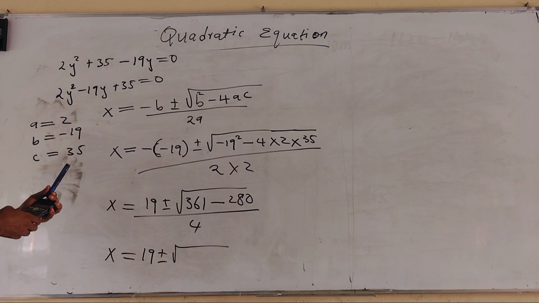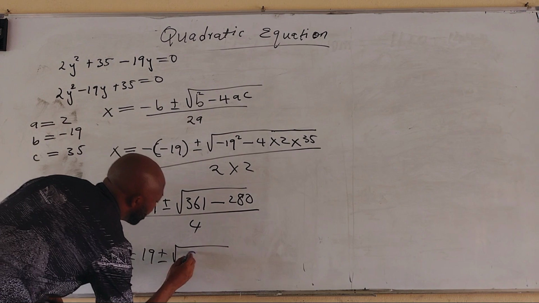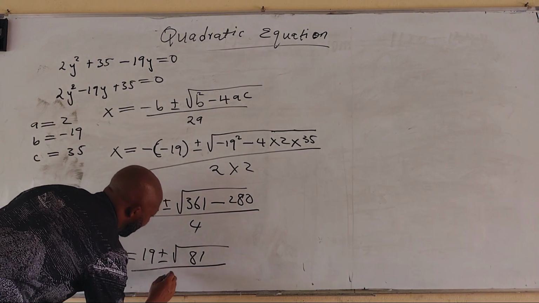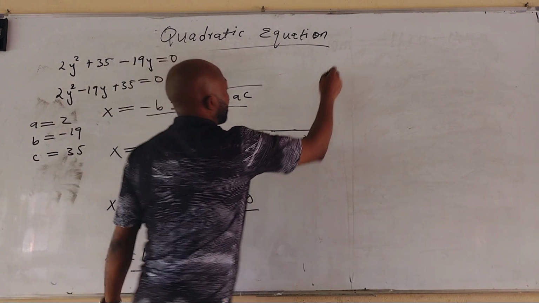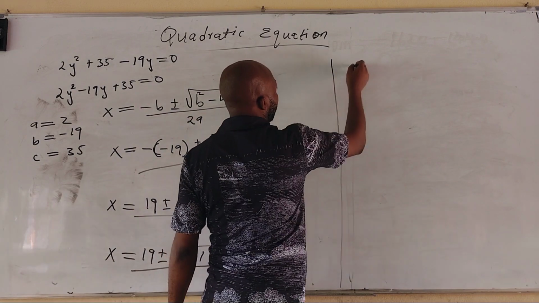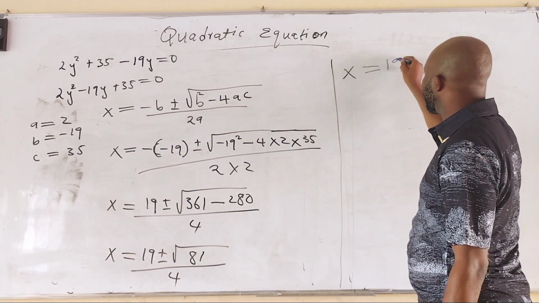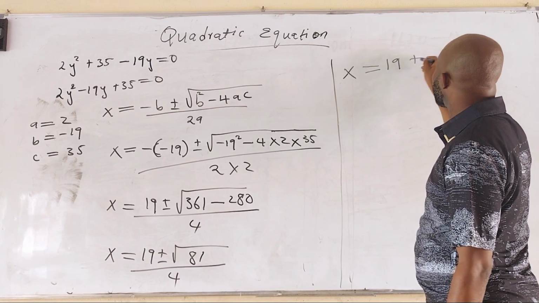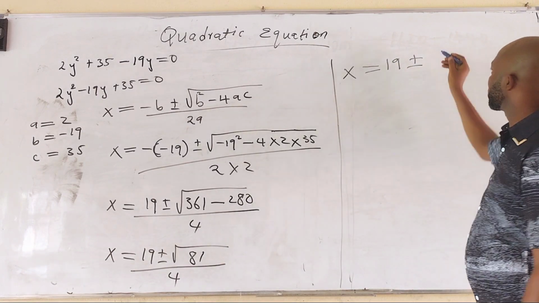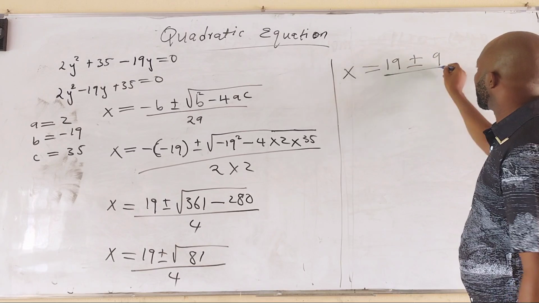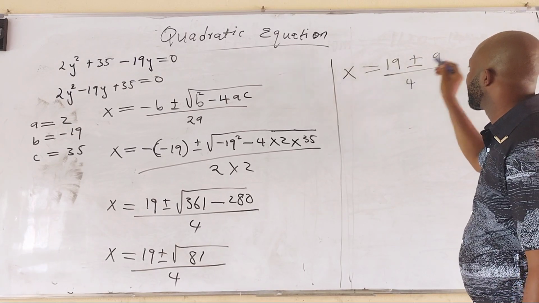x is equal to 19 plus or minus the root of 361 minus 280, which is 81, over 4. So come over here, I have x is equal to 19 plus or minus the root of 81, which is 9, over 4.